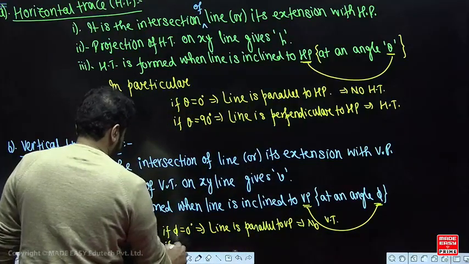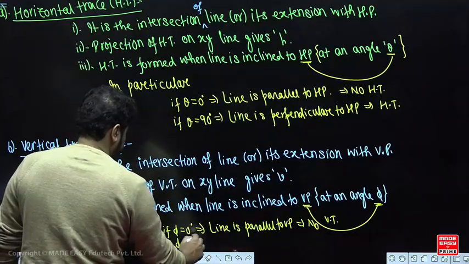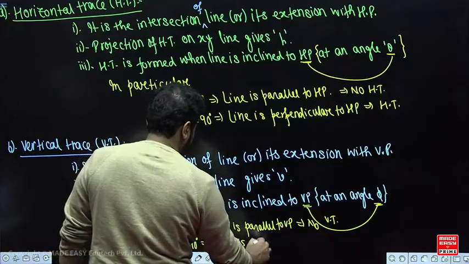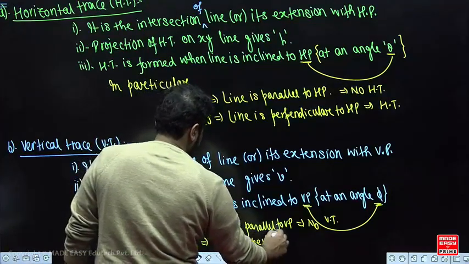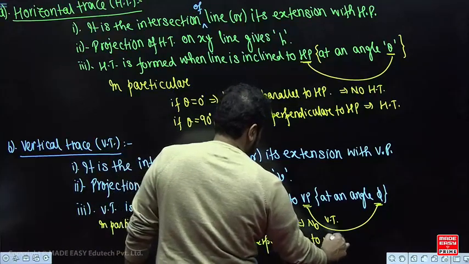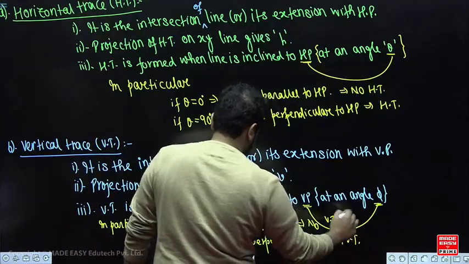And if phi is equal to 90 degree, it means the line is perpendicular to VP. It means there will be a vertical trace, isn't it?